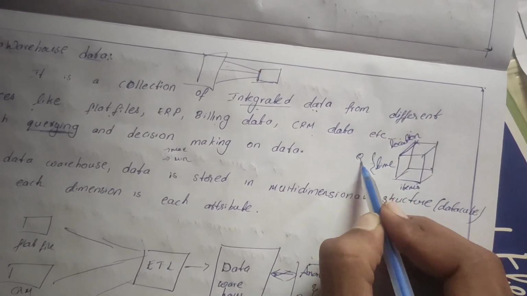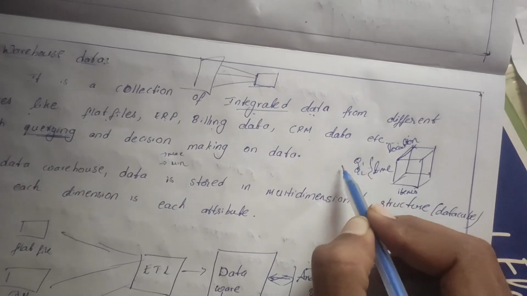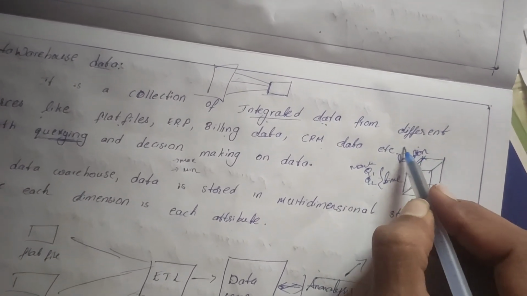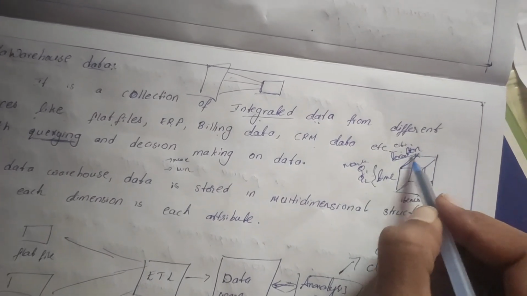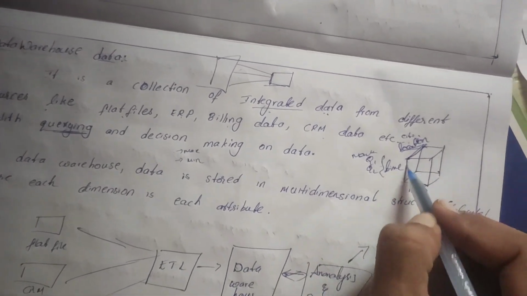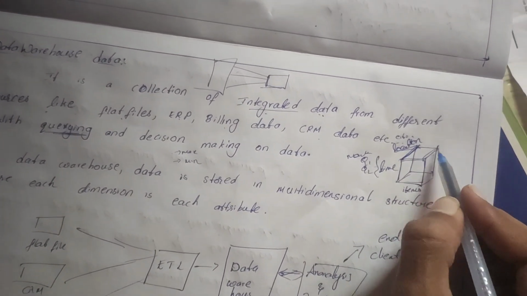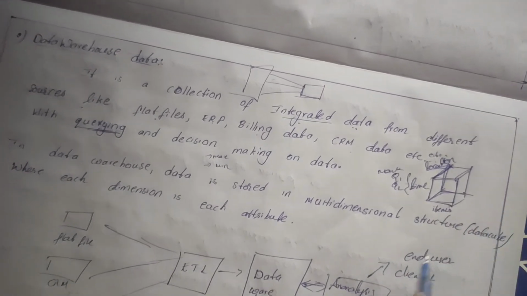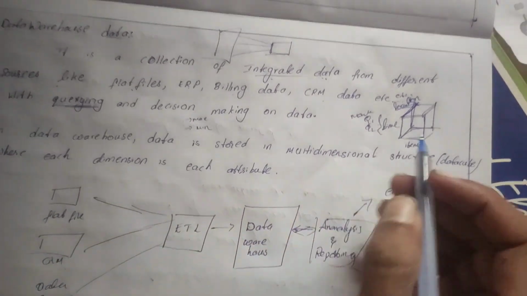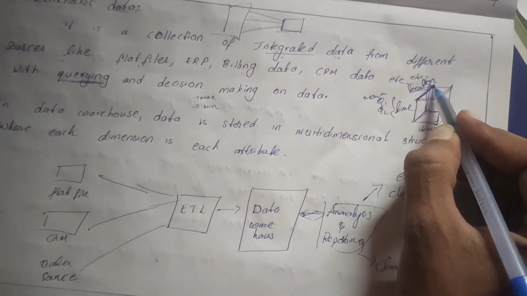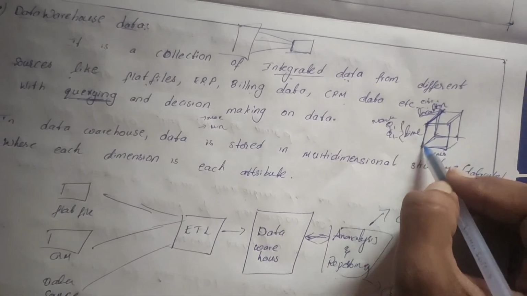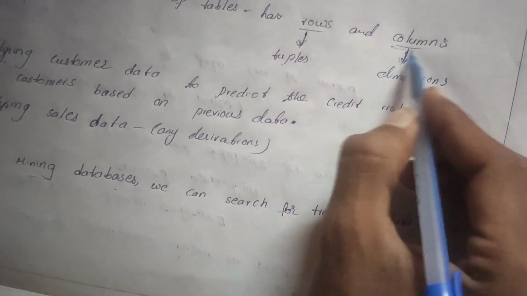The time can be quarters like Q1, months, years, weeks, or whatever it may be. Location means cities and countries. This is the data cube, and it has multiple dimensions. Each dimension is called an attribute. Here location, time, and items all come under attributes, whereas in a database, columns come under dimensions.